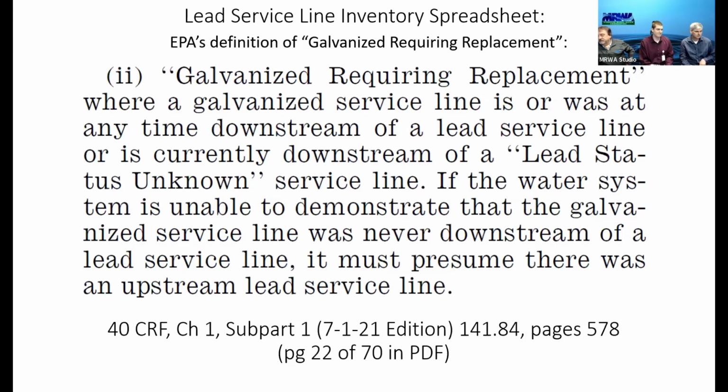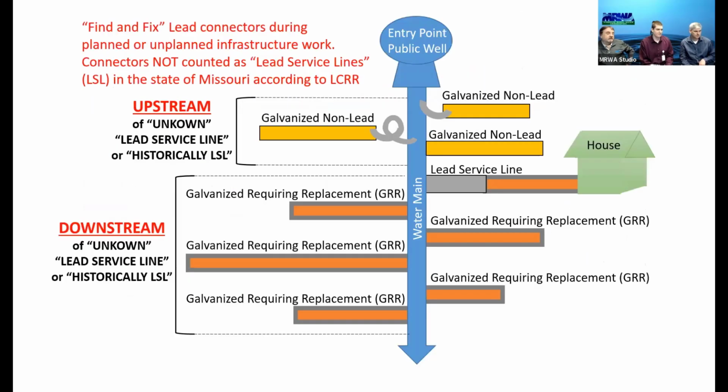I created a diagram just to show a definition of downstream in the system, because there wasn't really a good diagram or picture that demonstrated that lead could coat that galvanized. So here would be an example of where that house is located.